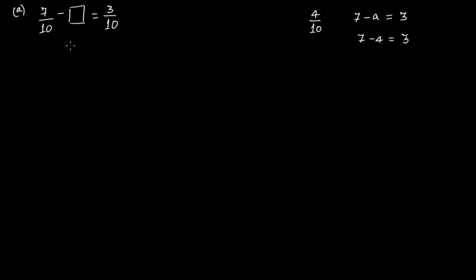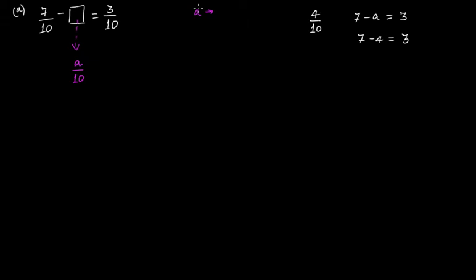So what will be the way? Always think of this missing fraction as a like fraction of this one. In this case, it can be a like fraction when its denominator is 10. So let's say this is a by 10, where a can be any arbitrary number.